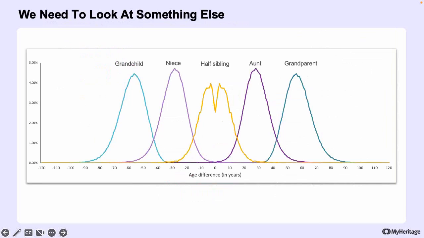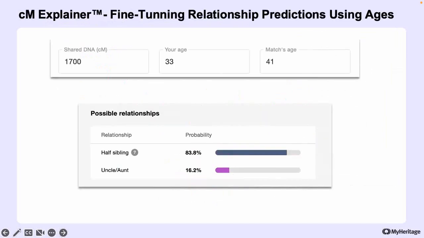So when we combined the data points of the amount of shared DNA and the age difference, and obviously there was a lot of mathematical process used to combine probabilities and look at the distributions, we found that we can provide different probabilities for different relationships based on these two things: the amount of shared DNA and the age difference, or your age and your match's age.